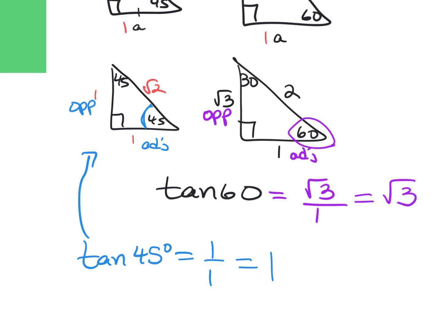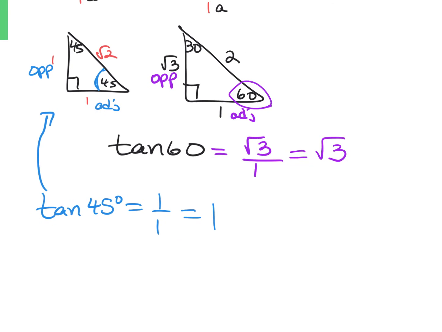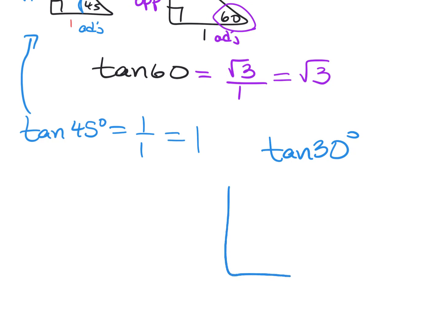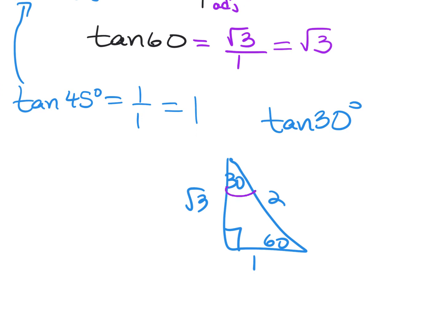Now, let's say they said, let's do the tangent of 30. So let me quickly redraw this triangle. 30, 60, 90, 1, 2, root 3. In relation to the 30 now, this is opposite, this is adjacent.